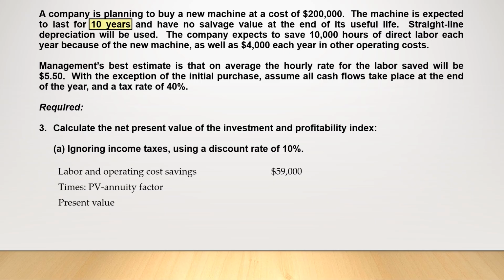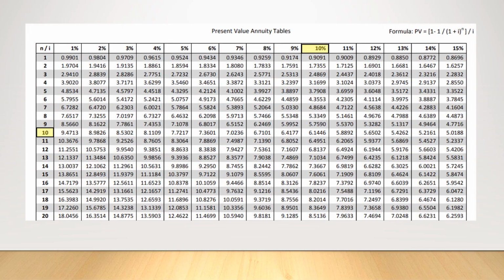We know the time periods as well as the interest rate. Find the appropriate row and column on the appropriate table. The relevant present value factor is 6.1446.